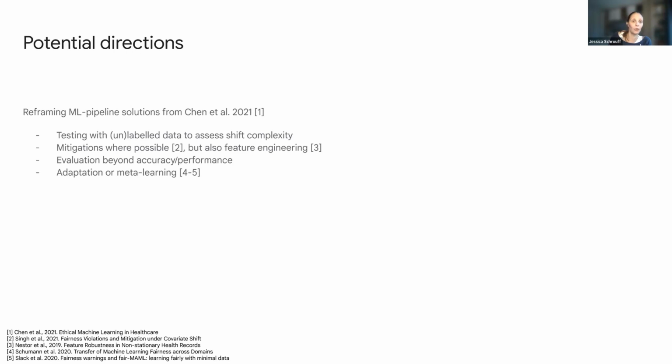And finally, we've seen that we don't have methods that can provide models that are robustly fair when the shifts are compound. So in this case, adaptation or using many different environments during training might actually be the only solution so far. And so again, that's where we would want more work on this.